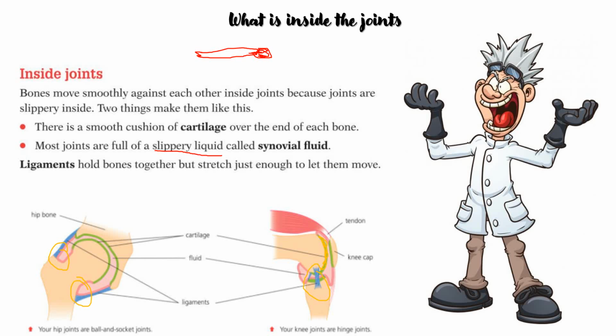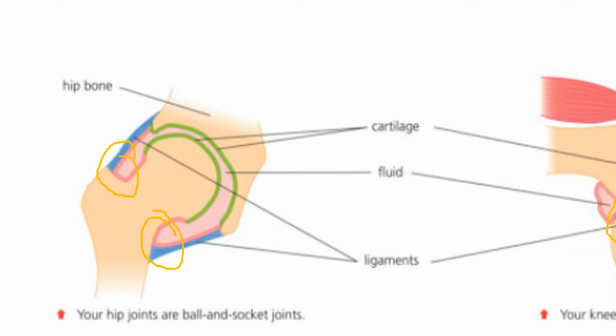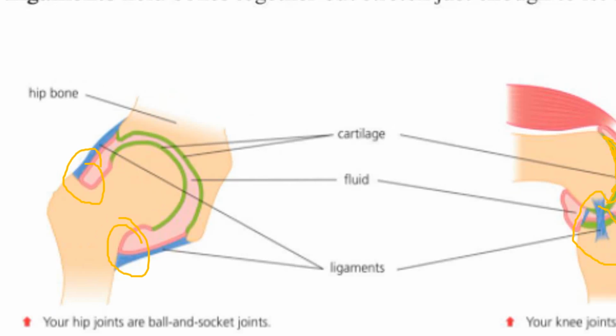Okay? Now over here I have added a picture to explain. The hip bone is over here, the whole white part. Then these are the hip joints. Then the green things are the cartilage. The fluid is placed inside the cartilage, and the ligaments are the blue ones, which stretch enough to let the bone move.